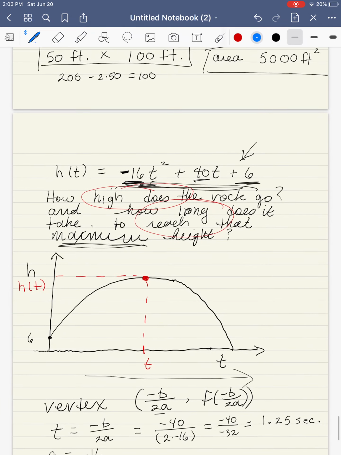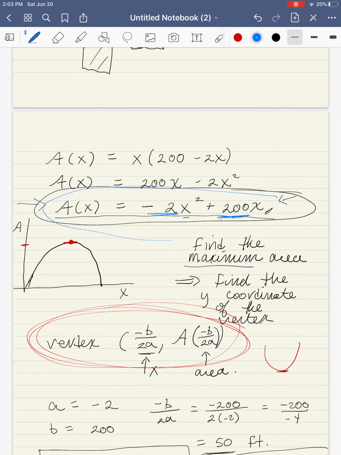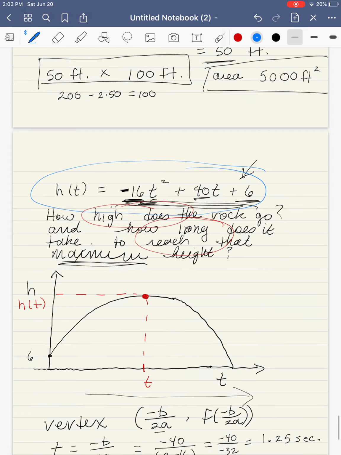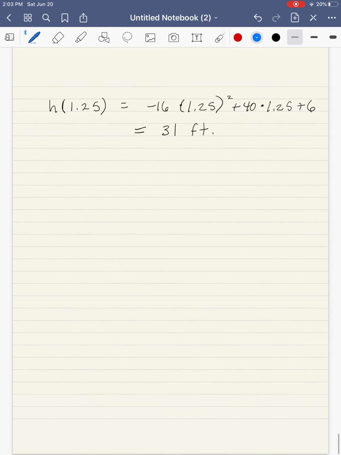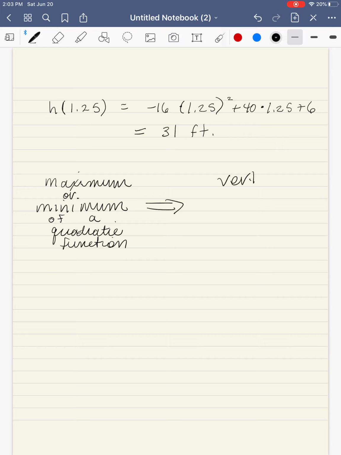What I'm trying to show you here is that if you have a quadratic function, whether you came up with it using information given in the problem, or whether you were just given the function, if you want to find the maximum or the minimum, depending upon which way the parabola is facing, of a quadratic function, all that is the vertex.